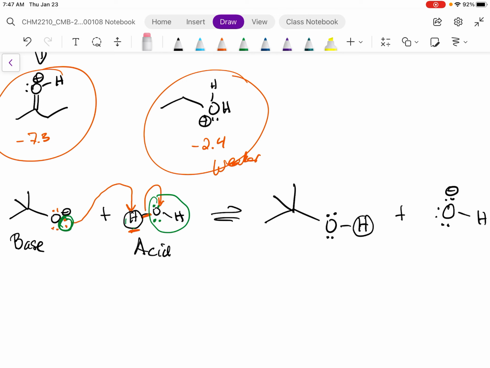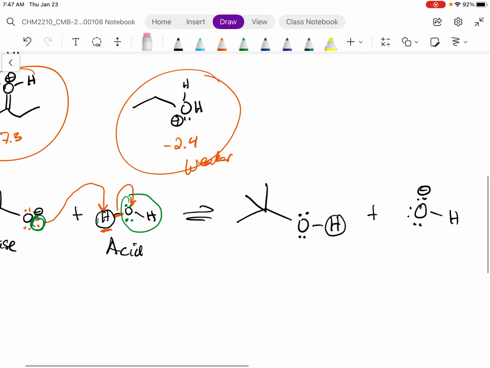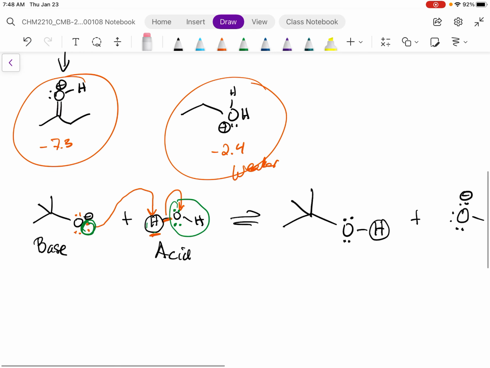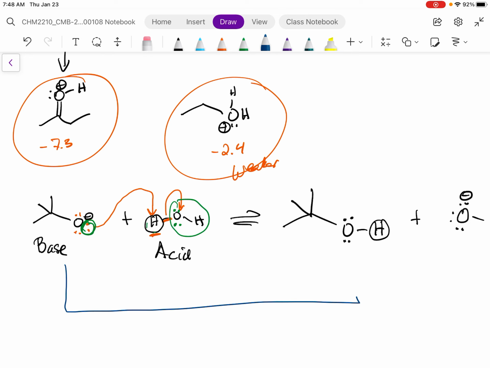Now that we've done the correct mechanism here, what is our conjugate acid on this side, and what is our conjugate base? Well, we track it. If this is the tert-butoxide, it turned into tert-butanol. And so if we start with the base, then that has to be the conjugate acid.